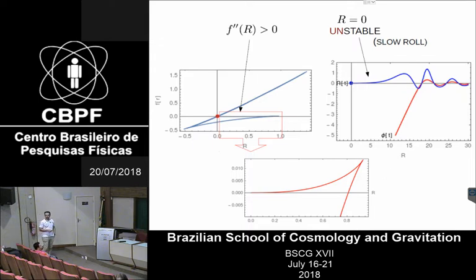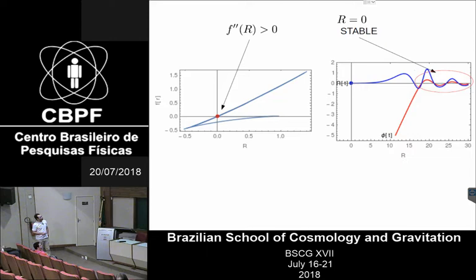But on the other hand, in the third branch, remember the behavior is like first branch, second branch, and third branch, the Ricci scalar oscillates around 0. So R equals 0 turns out to be stable on the third branch.